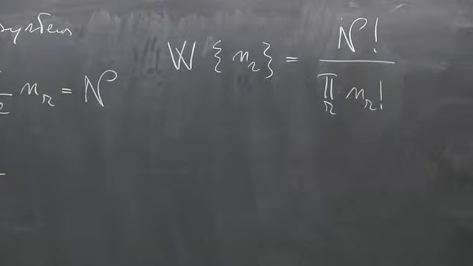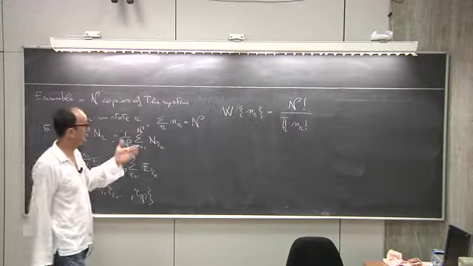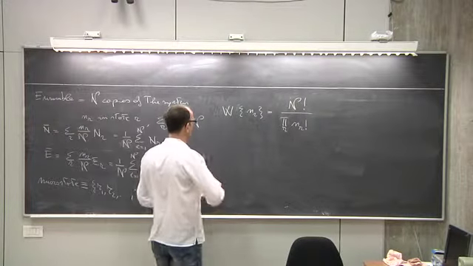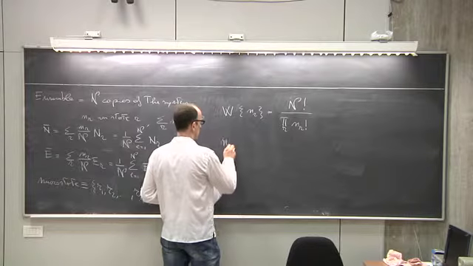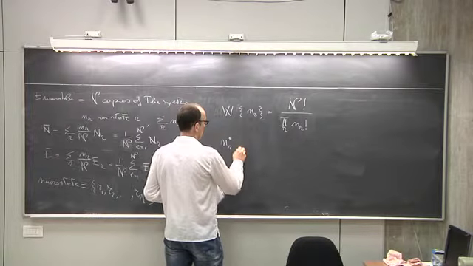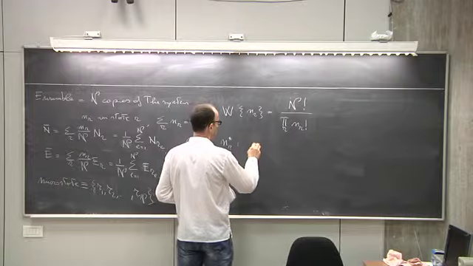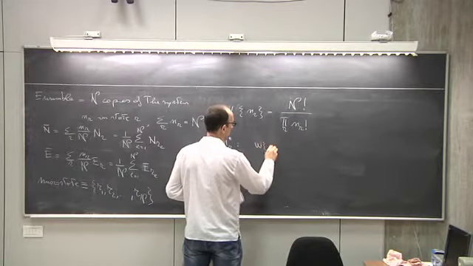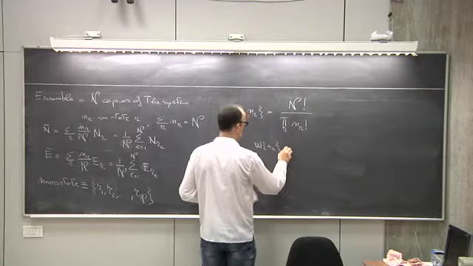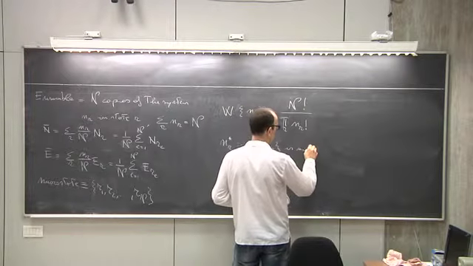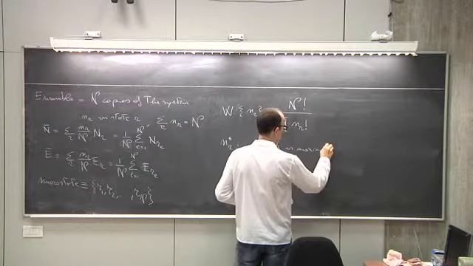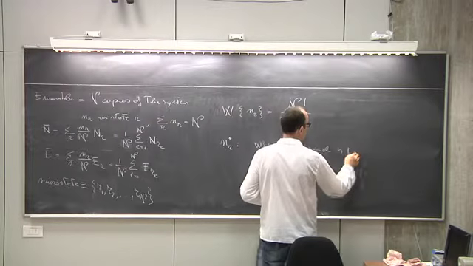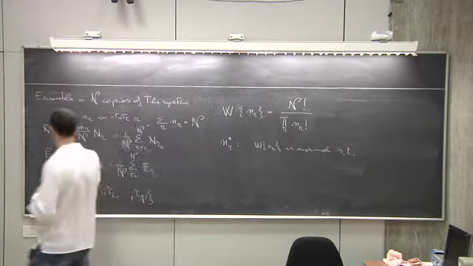It will be dominated by the maximum, as in the canonical ensemble. So what I can do is to look at the n star such that W of nr is maximal, subject to these two conditions.